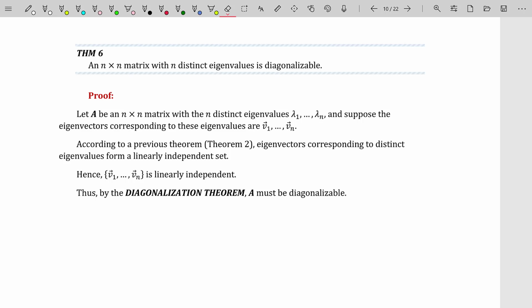So now you know, n eigenvectors that are linearly independent means your matrix is diagonalizable. N distinct eigenvalues means your matrix is diagonalizable. Your matrix being diagonalizable means you have n linearly independent eigenvectors.